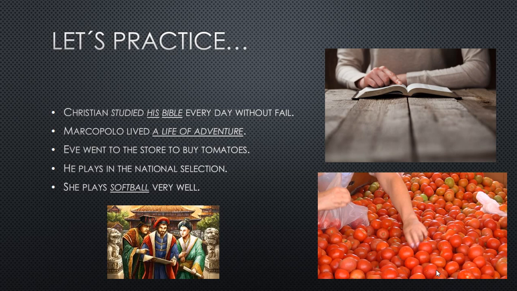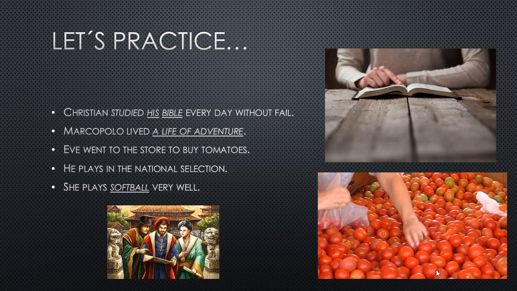Now, Marco Polo lived a life of adventure. What did Marco Polo live? A life of adventure. So, we have a receiver there. Let's see. Eve went to the store to buy tomatoes. Do we have any receiver?